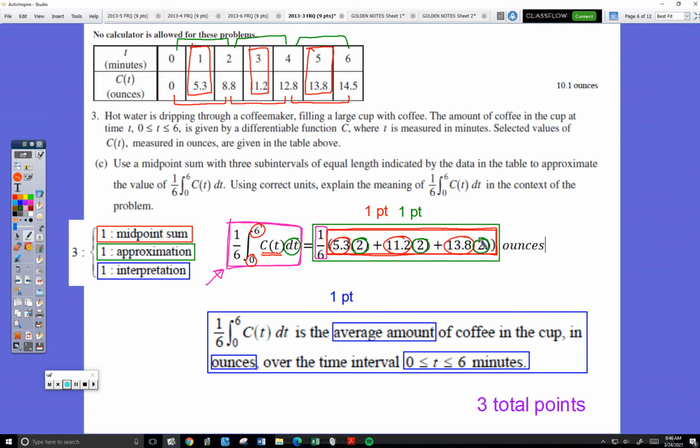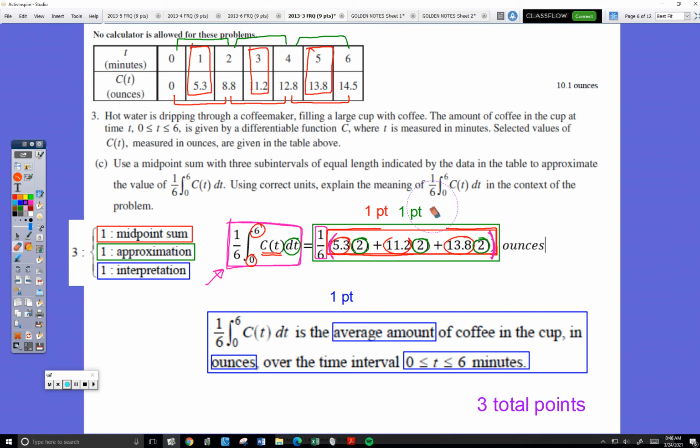You shouldn't complete the computation because you only risk making a mistake. You need to make sure you have these parentheses indicating that all of this is getting multiplied by 1/6. The green box is 1 point. The red point was the Riemann sum.